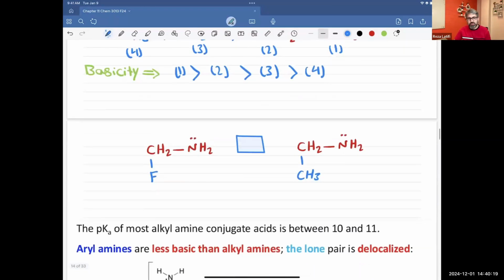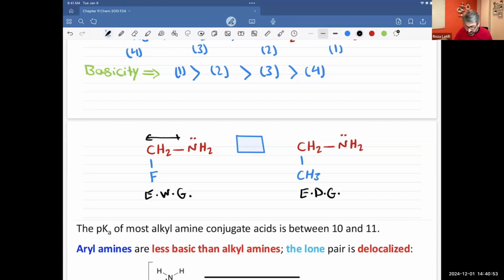And now, if you, for example, compare CH3 with fluorine or chlorine, you will find out that CH3 is an electron donating group, while fluorine is an electron withdrawing group. And when it comes to basicity, fluorine is going to pull electron density to this side. That means it will apply some induction effect or pulling effect, and it will pull the lone pair to itself.